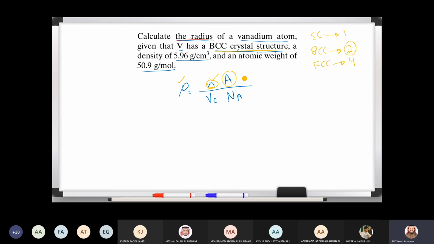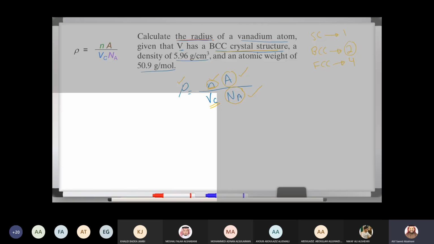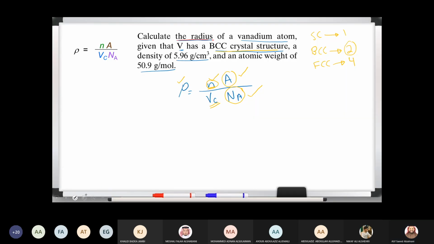Atomic weight, do we know it? Yes. What about the Avogadro number? Known. Okay. So the only thing missing is VC, which is the volume of the cube. So what is VC?